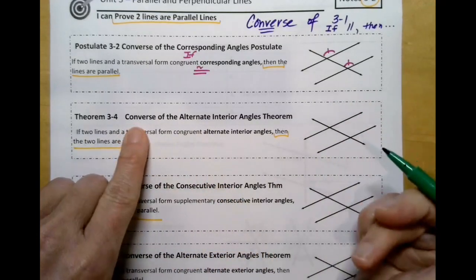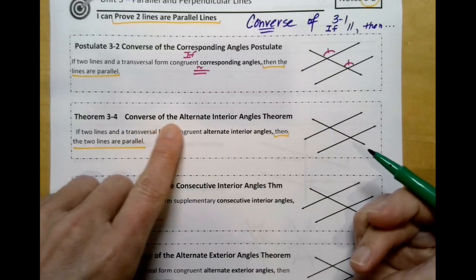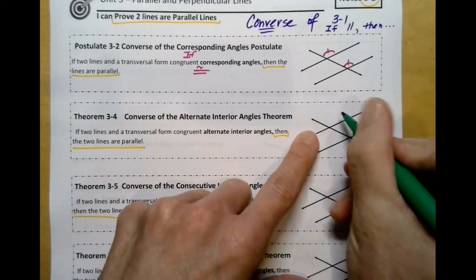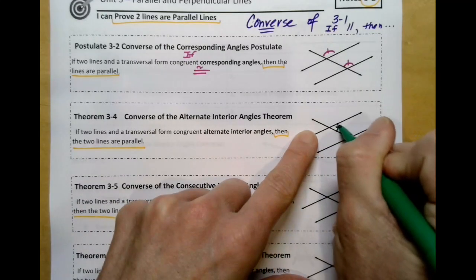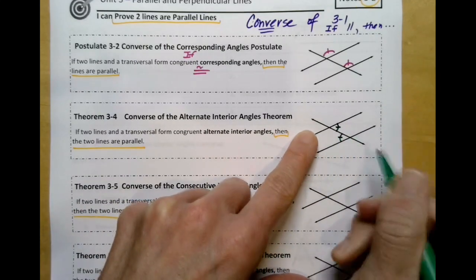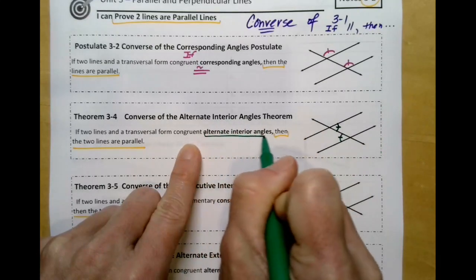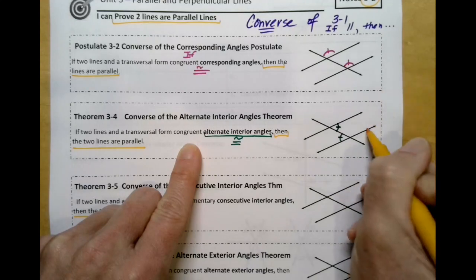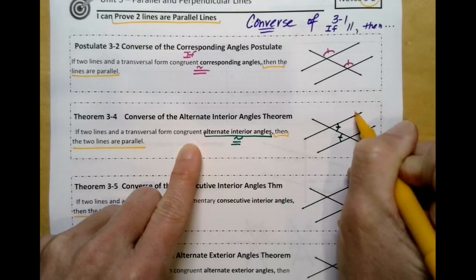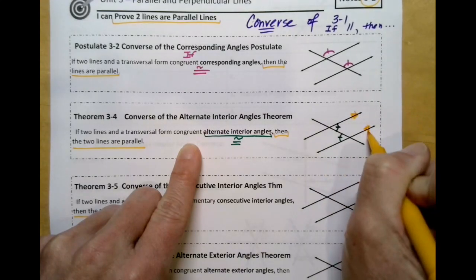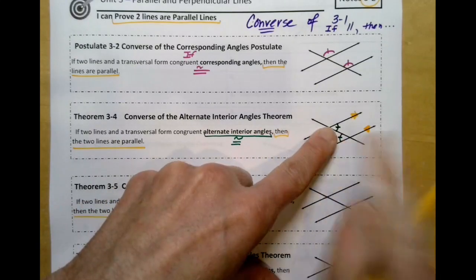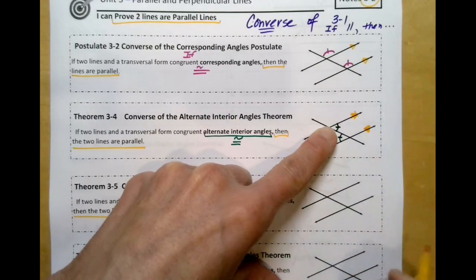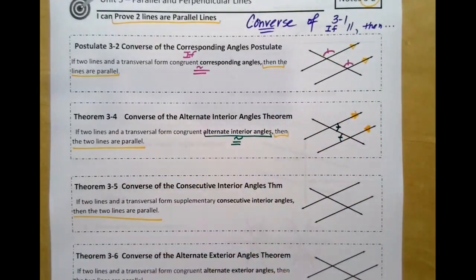The converse of the alternate interior angles theorem says if you have alternate interior angles that are congruent, then the lines are parallel. We get our parallel lines after we know this is true.